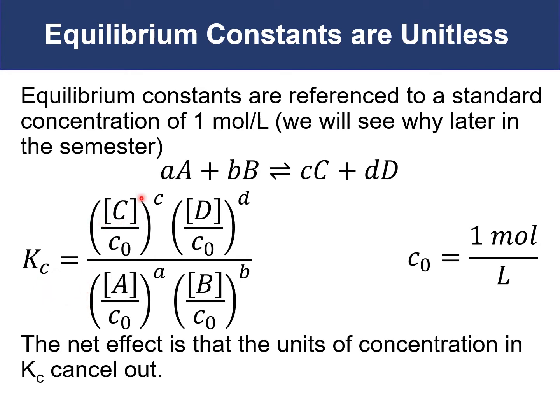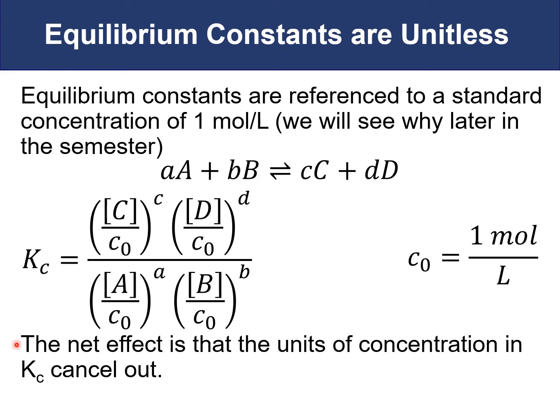So we write out our concentrations, moles per liter, divided by our reference value, which is 1 mole per liter. What this does is it cancels out the units, so that the value being raised to the respective coefficient actually has no units, which enables our K value to have no units.